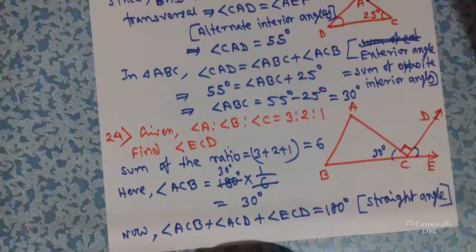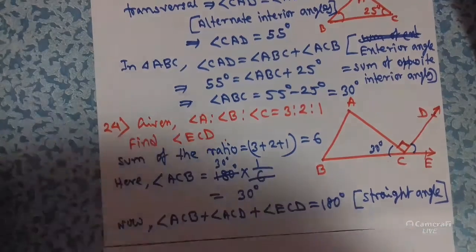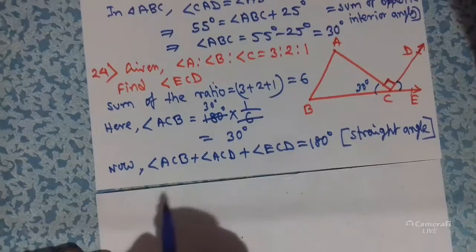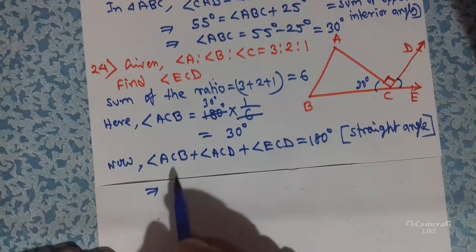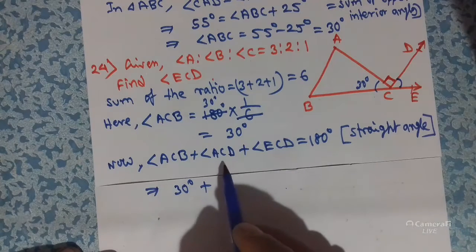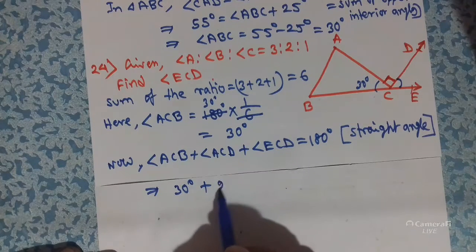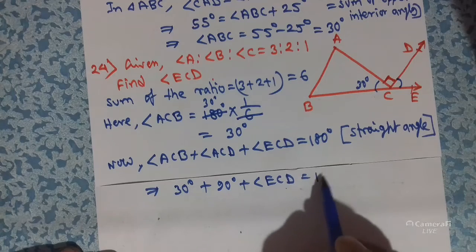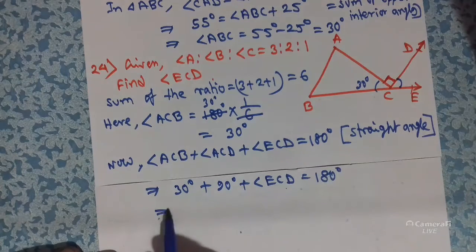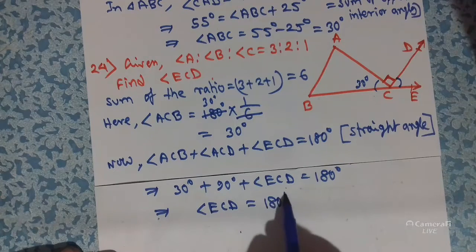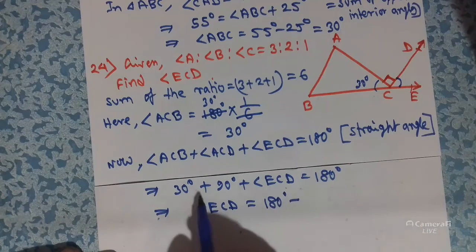Now after this, this implies, so the value of angle ACB is 30 degree, the value of angle ACD is 90 degree, and ECD we have to find is equals to 180 degree. So this implies angle ECD is equals to 180 minus, so 90 plus 30 is 120.